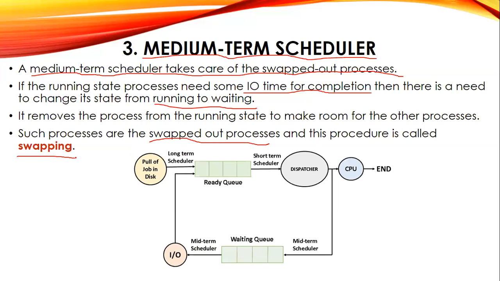So it is moving them into secondary memory. So this is, let's say, primary memory. But while it is executing, when a process needs some input output operation, the medium-term scheduler puts it into the waiting queue, which is in secondary memory.